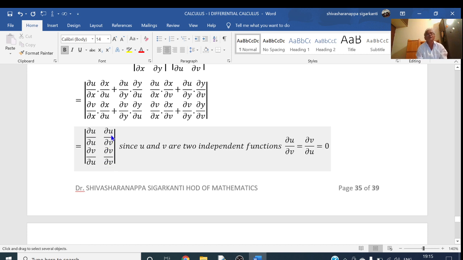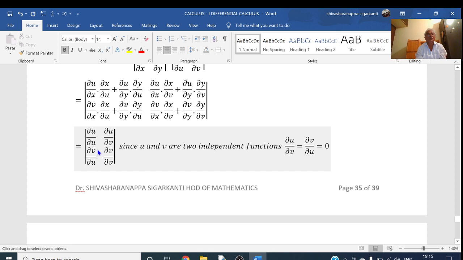What about this term? Here u and v are two different functions. Neither u is depending on v nor v is depending on u. These two are independent functions. Therefore, ∂u/∂v is equal to 0. Differentiation of u with respect to v is equal to 0.